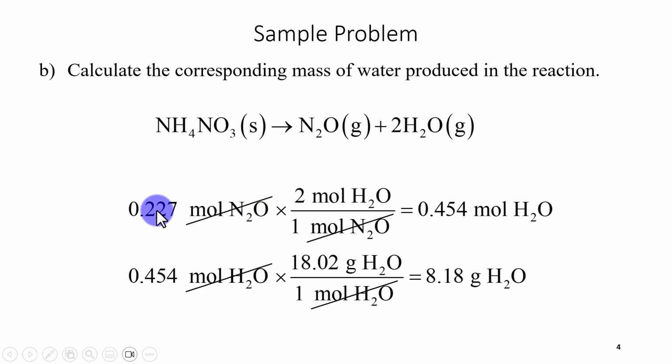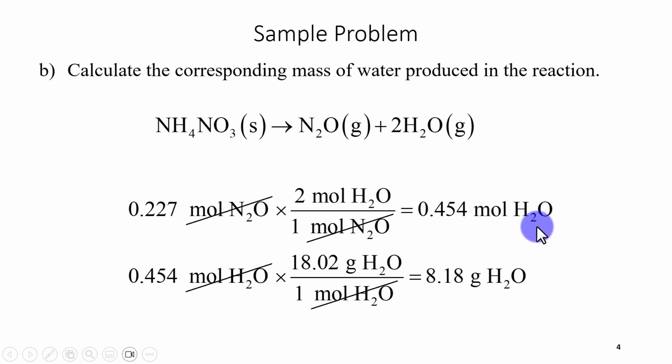So here's the moles of N2O that we calculated from part A, multiplied by the molar relationship between these two. I am looking for water, so water goes on top, and N2O goes at the bottom of that fraction, and then the coefficients go by each molecule. So 2 moles of water on top, 1 mole of N2O at the bottom. Then the moles of N2O cancel, leaving me with just moles of water. 0.227 times 2 divided by 1 gives me 0.454 moles of water.